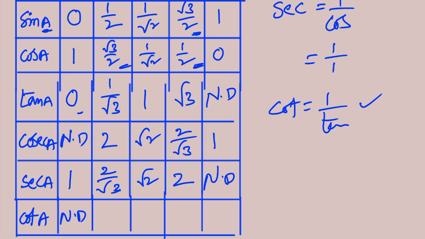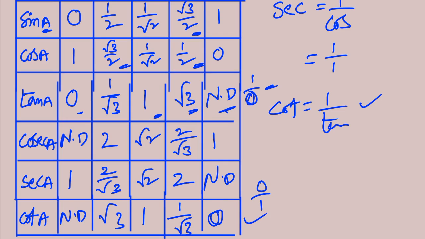And 1 by root 3 gives root 3. And here 1 by 1 is 1. And tan 60 is root 3, so the reciprocal is 1 by root 3. And tan 90 is not defined, which is 1 by 0, so the reciprocal is 0 by 1, that is 0, which is the cot 90 value.